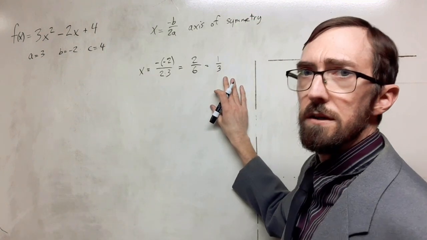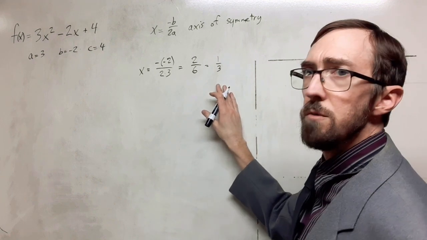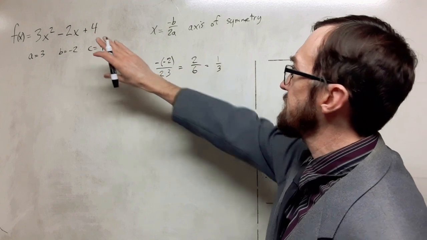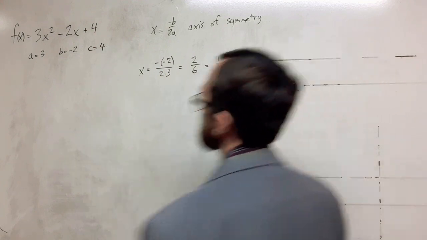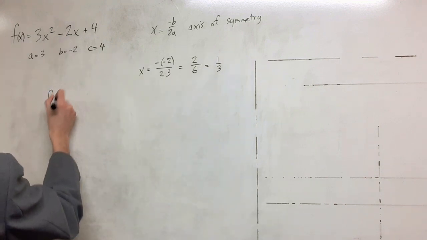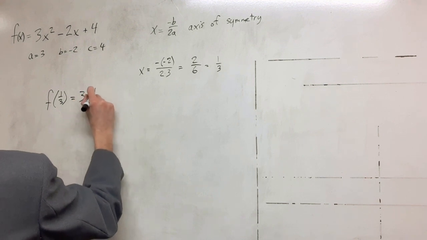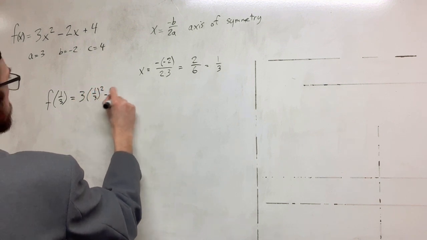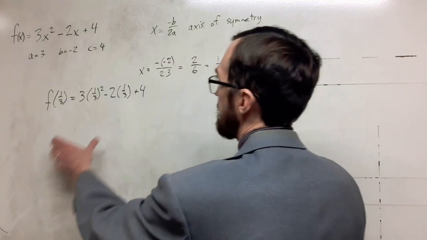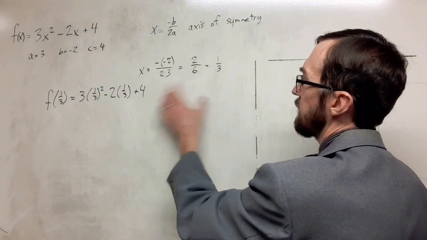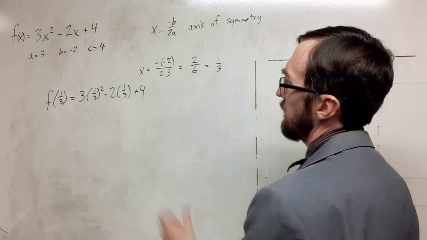Since this is the axis of symmetry, that means that this value will help us determine the local maximum or minimum for this function. We're going to take this and plug it in for x. When we find f of 1/3, this will be the local maximum or minimum for the quadratic.